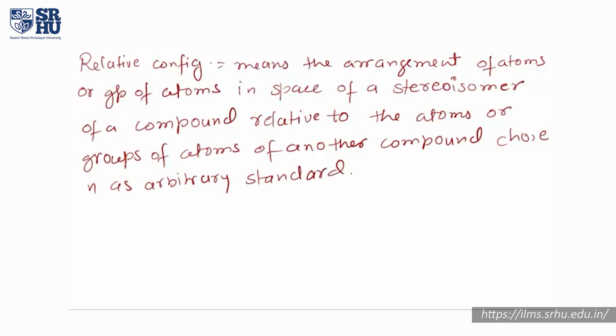Now, this is a very important thing. You should understand what relative configuration means. Relative configuration means the arrangement of atoms or group of atoms in space of a stereoisomer, obviously, of a compound relative to the atoms or group of atoms of another compound.